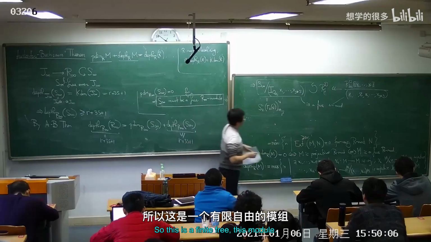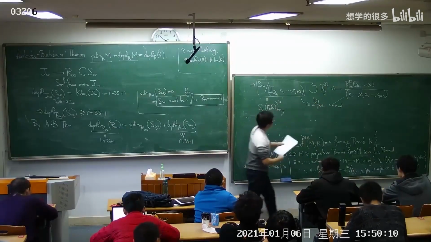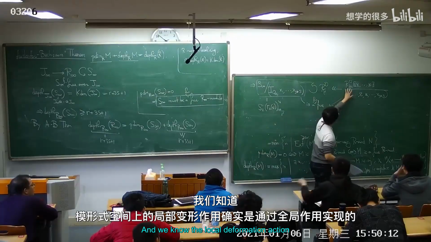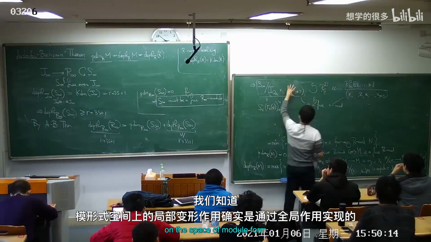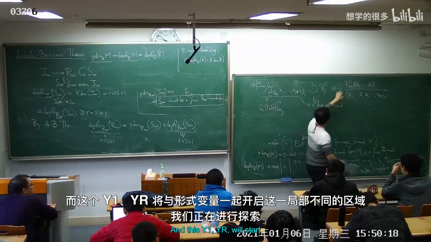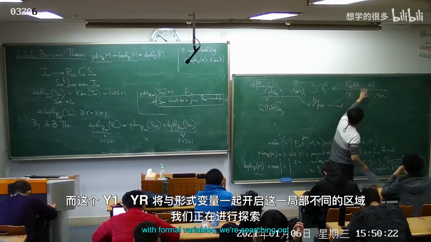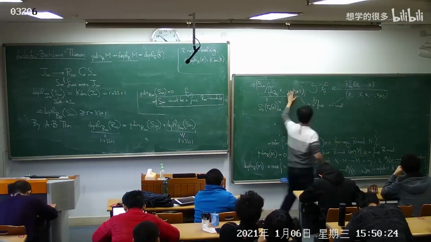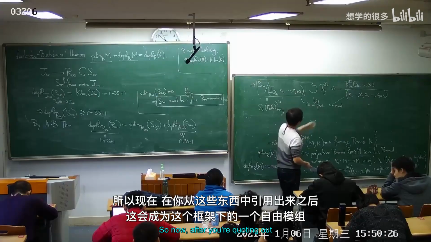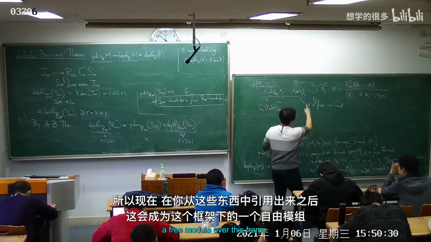So this is a finite free module. And this surjected, and we know the local deformation acting on the space of modular forms really factors through the global one, and this y1 through yr, this local deformation together with the formal variables, will surject onto this one and act on this one. So now after we quotient out by these things, this becomes a free module over this ring.